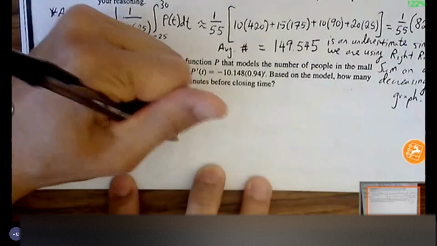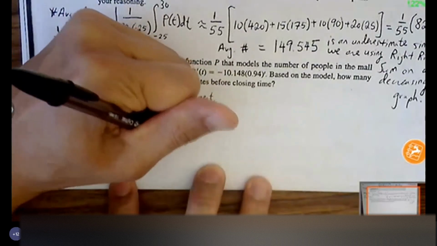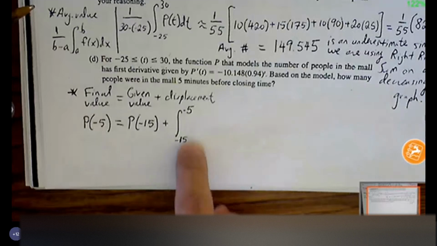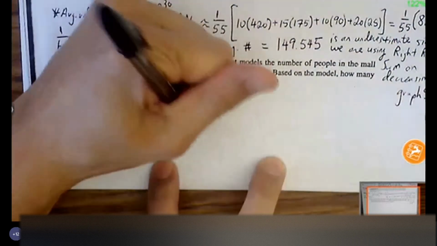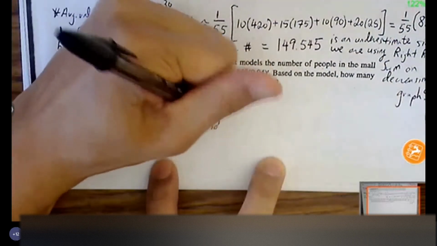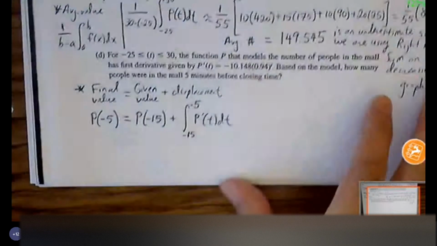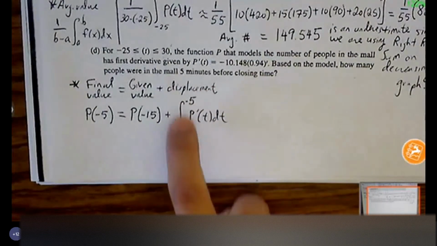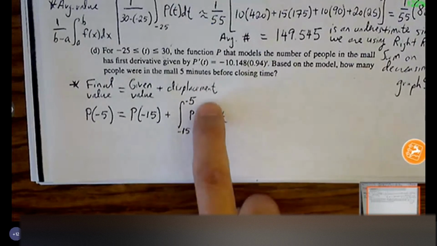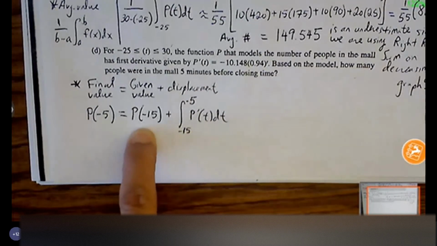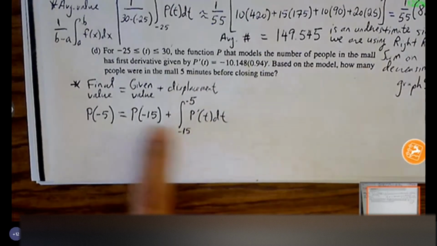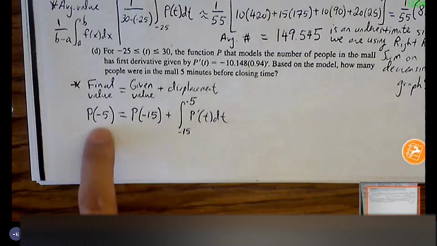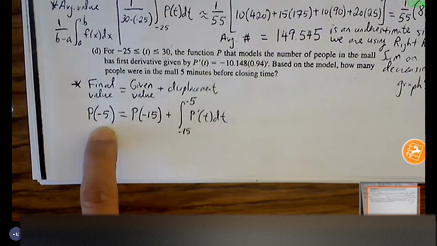So I can just accumulate the rates at which people are leaving in that time interval. This will give me how many people have left between 15 minutes and 5 minutes, and this will give me how many people are left in the building. And then if I combine those two, I'll know exactly how many people are in the building 5 minutes before closing.